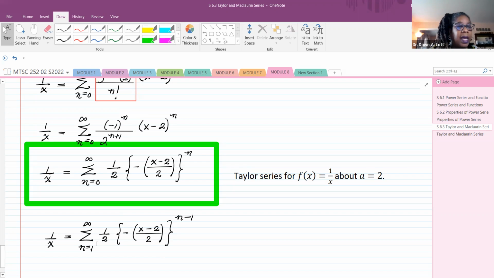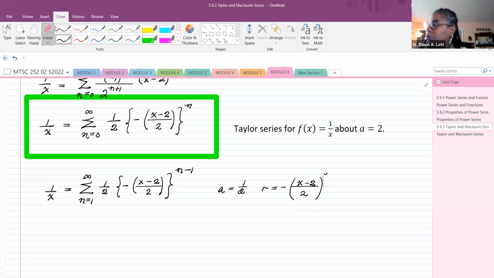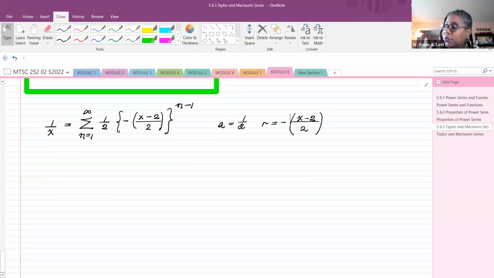So here, a is 1/2 and r is the negative x minus 2 over 2. That's r. So now the geometric series converges.